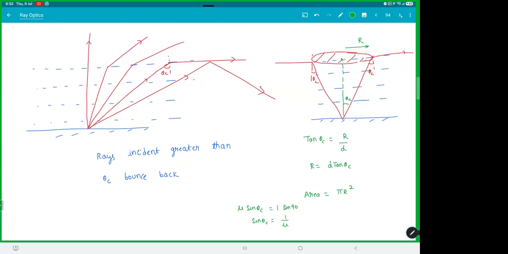If you know sine, you can find tan theta. You make a small triangle. This is 1 and this is mu and this is root over mu square plus 1. No, I wrote wrong. Wait, 1 and mu. This is the root over mu square minus 1. So tan theta critical is 1 by root over mu square minus 1. Have a look at this.